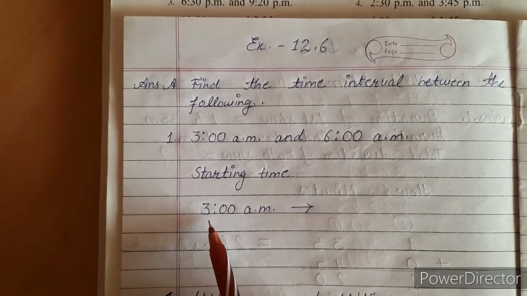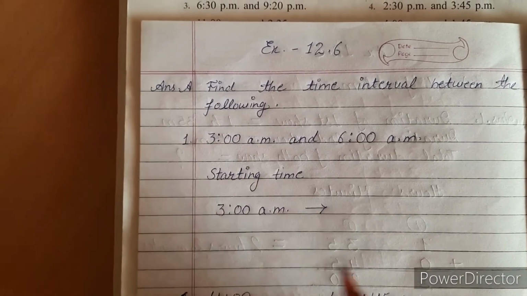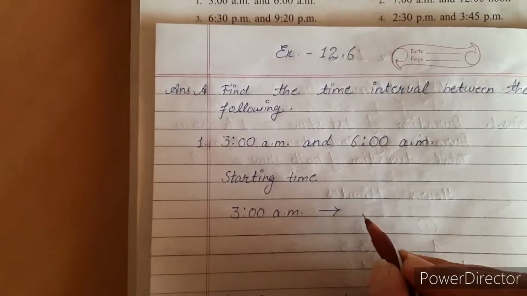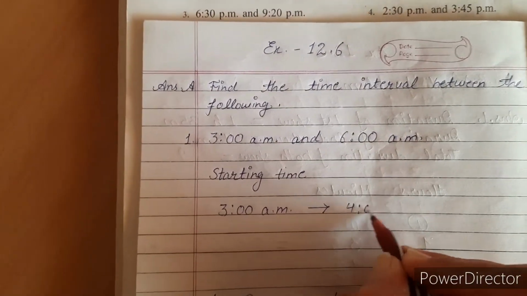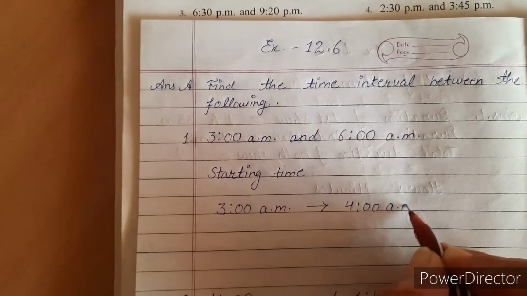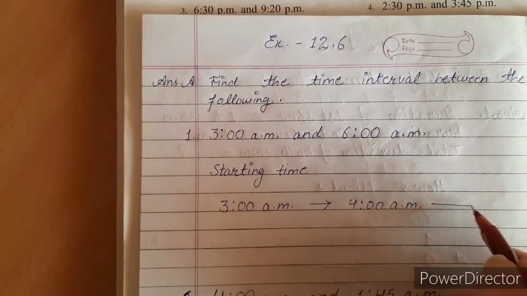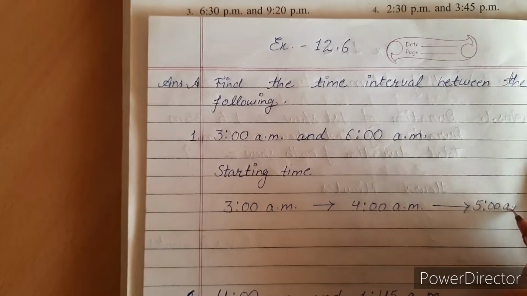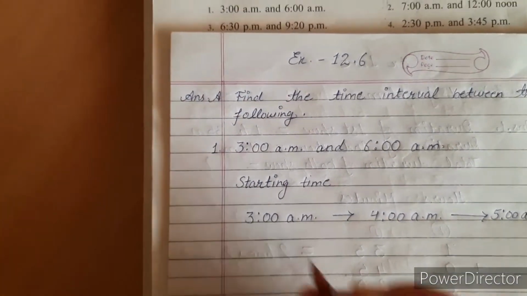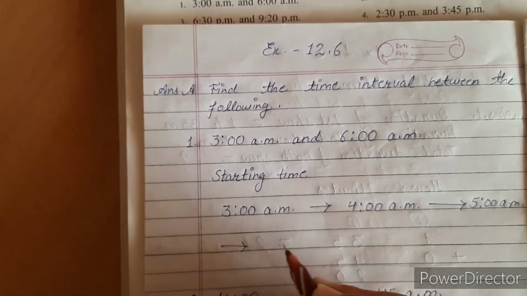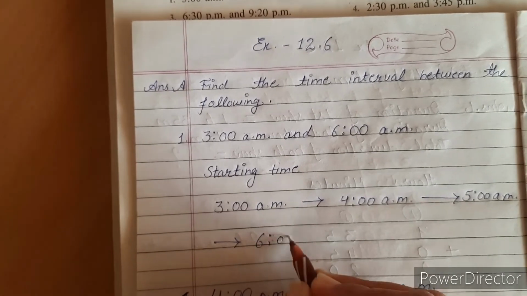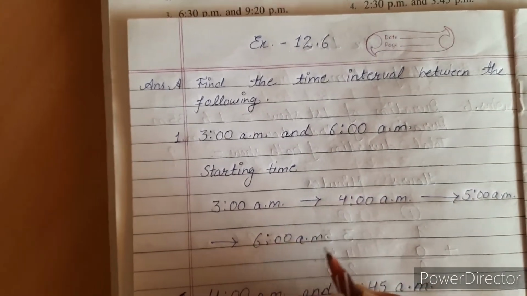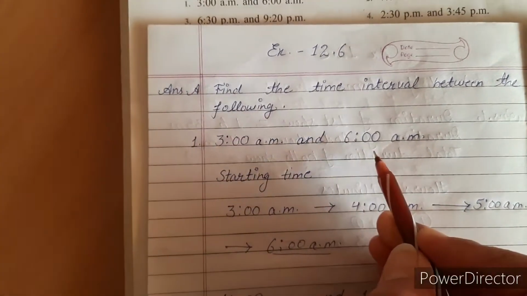After 3, what comes next? 4 o'clock, and a.m. means in the morning. After 4 o'clock, it can be 5 o'clock, and after 5 o'clock, it can be 6 o'clock in the morning. And 6 o'clock is the finishing time here.